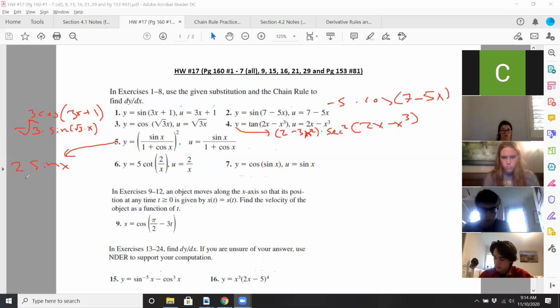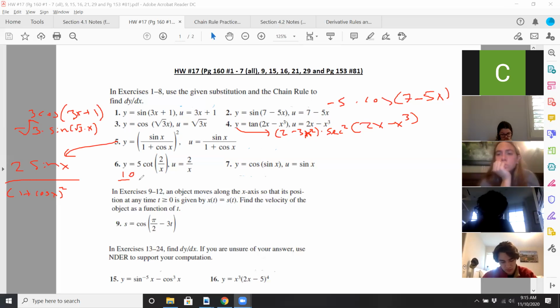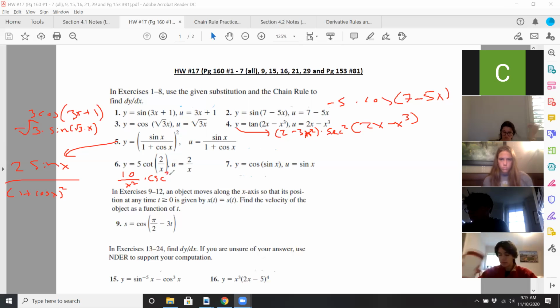2 sine x over 1 plus cos x squared. And number 6 is 10 over x squared times cosecant squared over x.